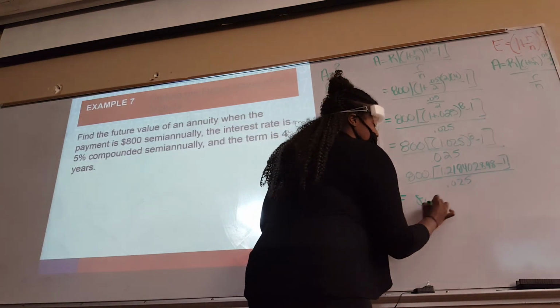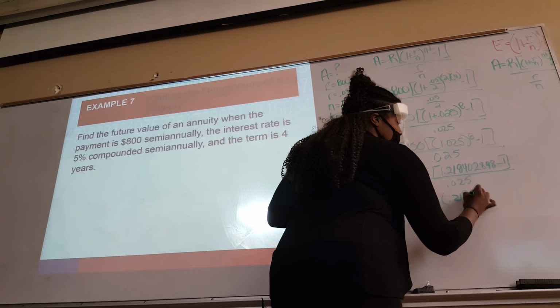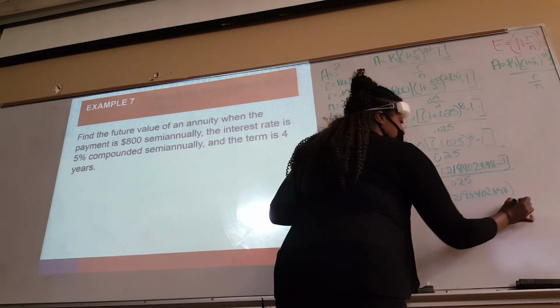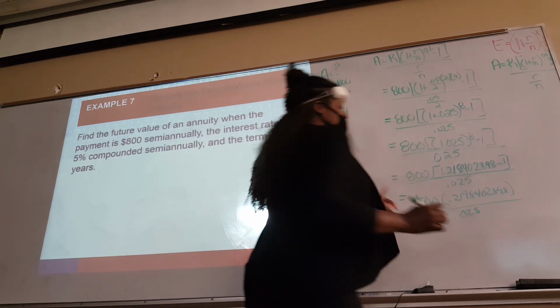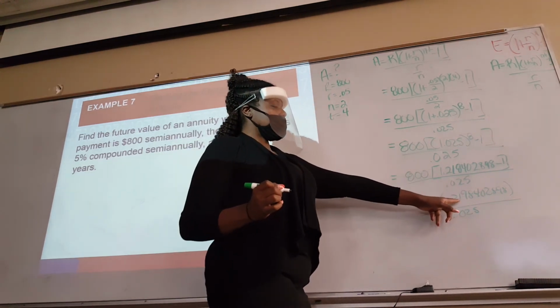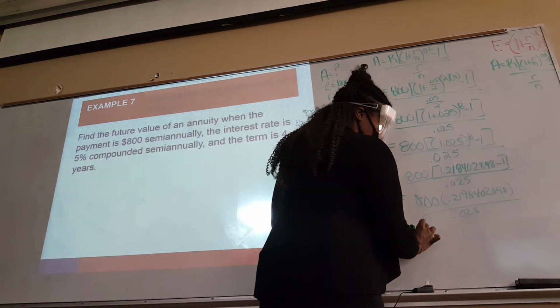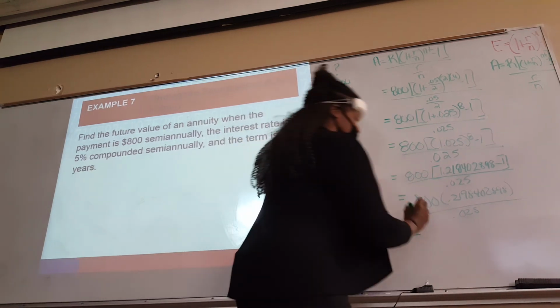So we have 800 multiplying it by 0.218402898. And then we divide it by 0.025. Can you give me the 0.218 times 800? I'm just doing it step by step right now. 174.5.